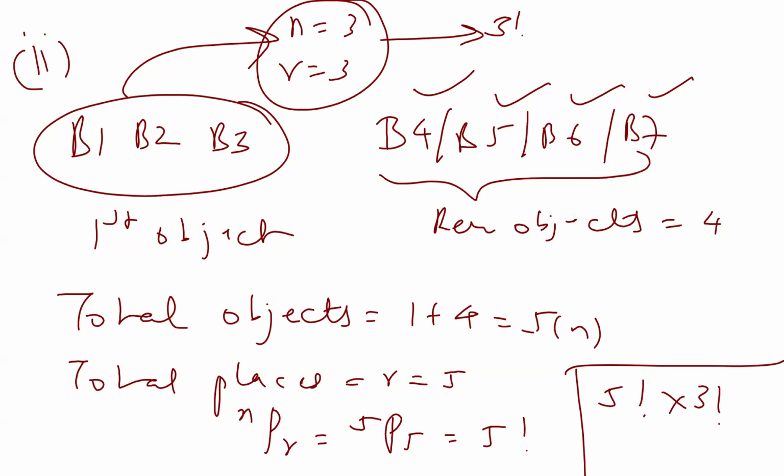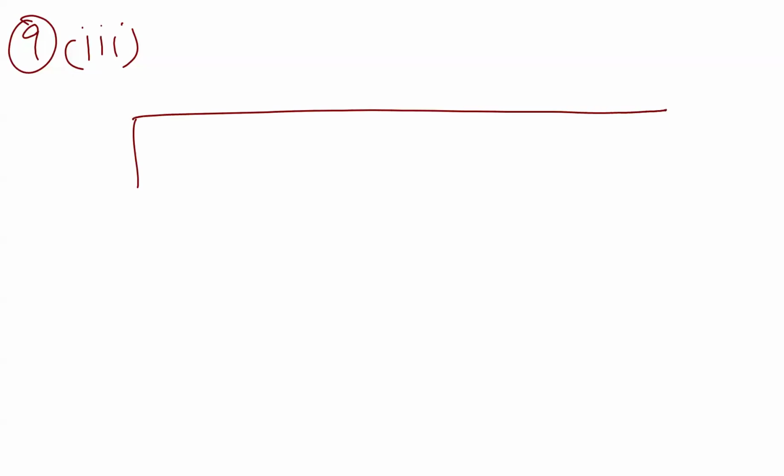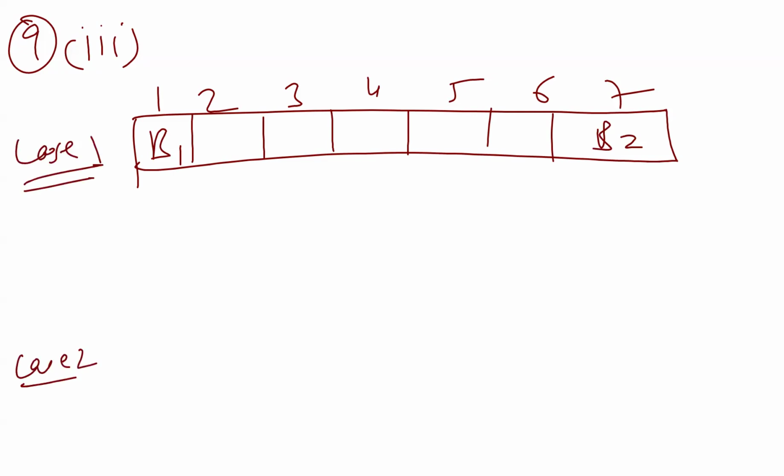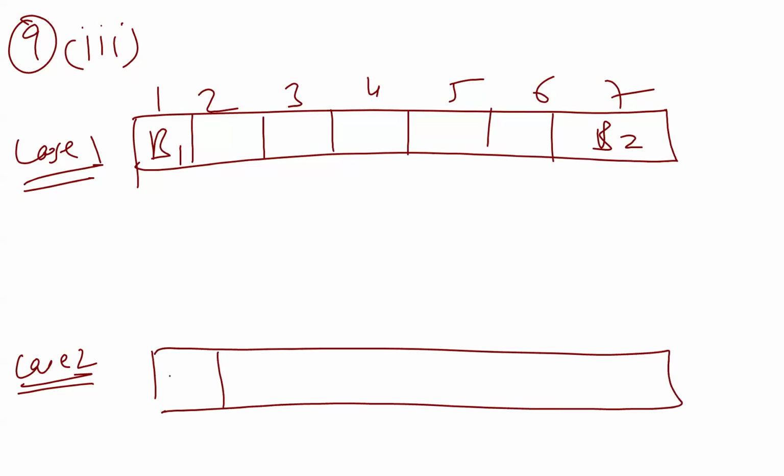Question number 9, sub question 3. So now there are 7 books, 1, 2, 3, 4, 5, 6, 7. Now, 2 particular books must occupy the ends. So B1 and B2 can be over here. This is case 1, and for case 2 we just reverse it. It can be B2 and B1 also.